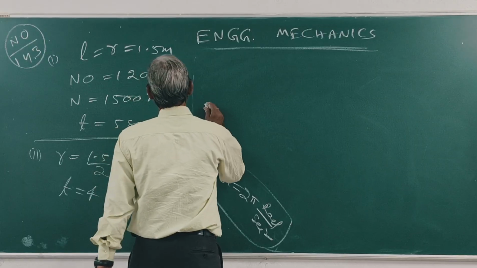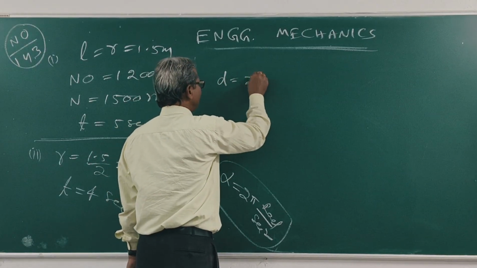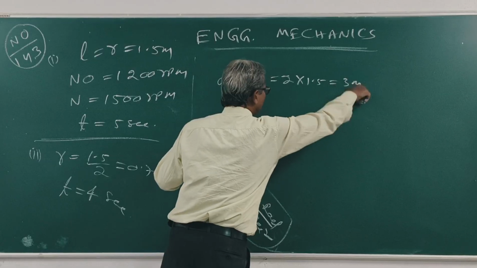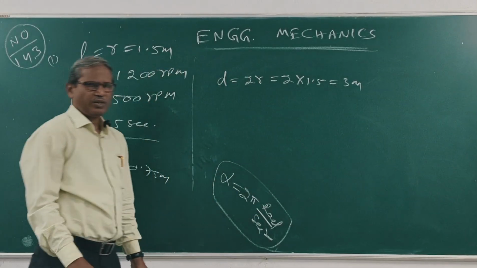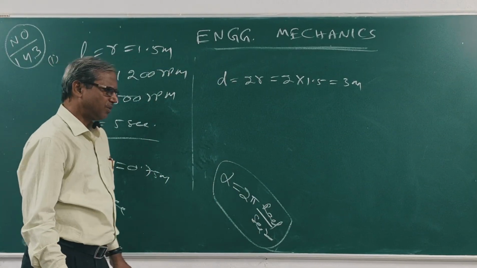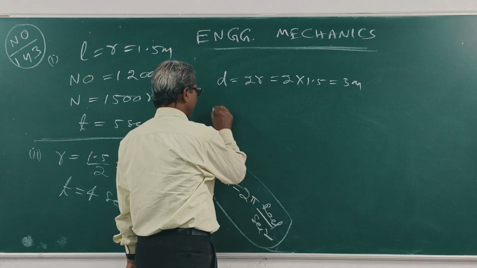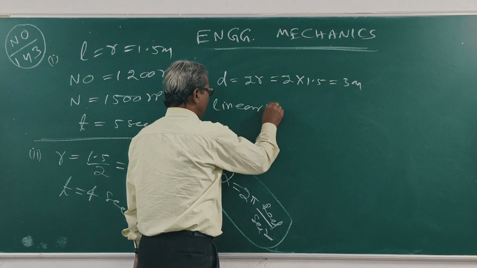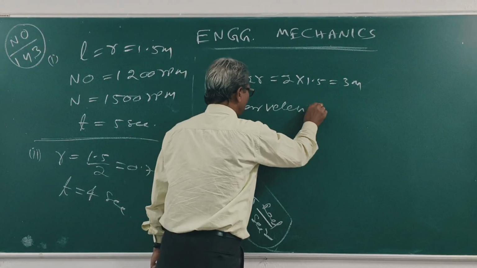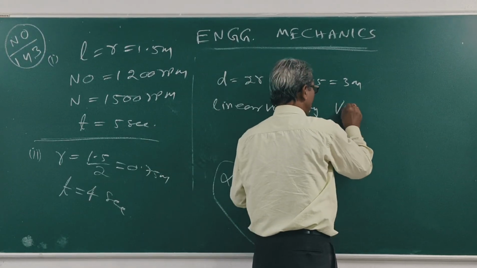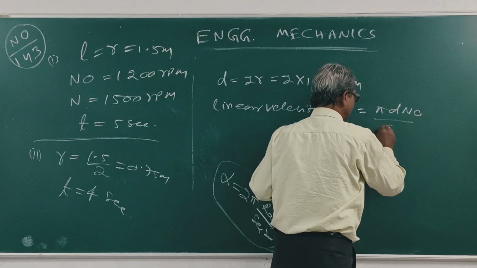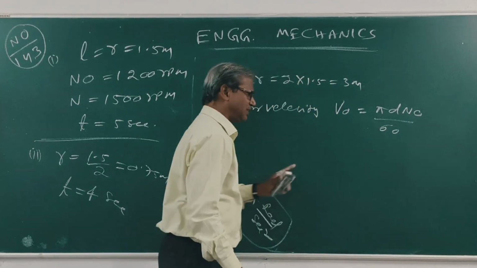But d is equal to 2r, so 2 into 1.5 is equal to 3 meter. D is equal to 3 meter. Now the linear velocity. The initial velocity v0 is equal to pi d n0 by 60.